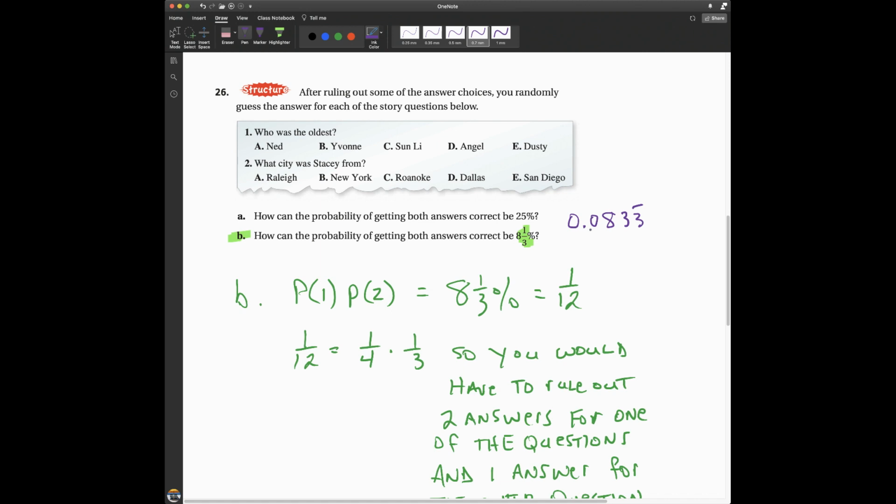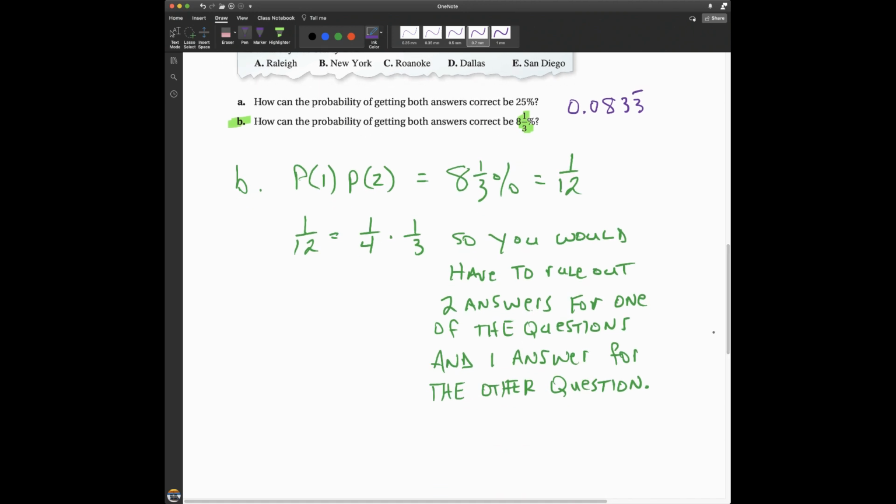Okay, and if you were to go on your calculator and say, what is 1 divided by 12? That's what you get, 0.0833 repeating. So this might be something that you might have to guess what the relationship is. All right, but I have 1/12. And with this problem, to get to that 12, I only have 5 choices.